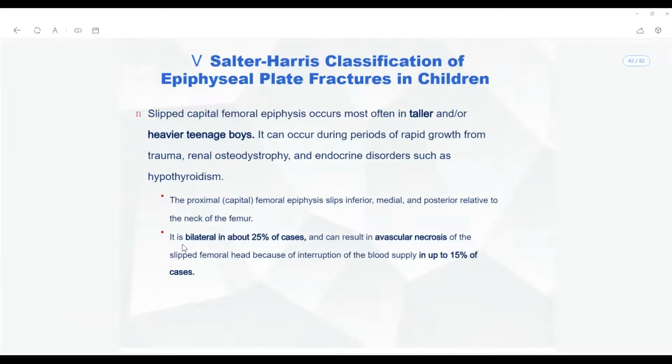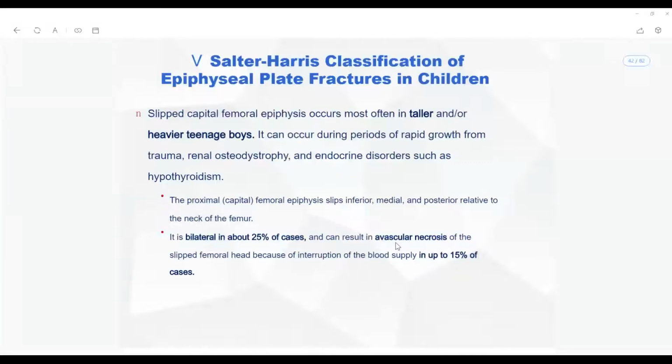It is often bilateral, and can also result in avascular necrosis, where there is vascular compromise. You have to understand that most of the time avascular necrosis is a problem related to the vascular supply to the epiphysis, right?